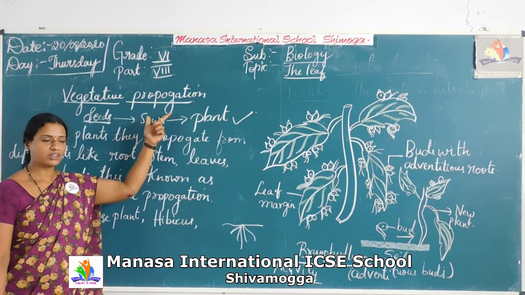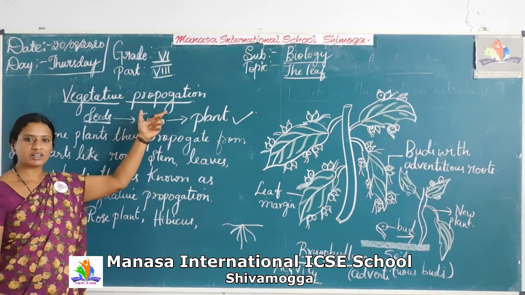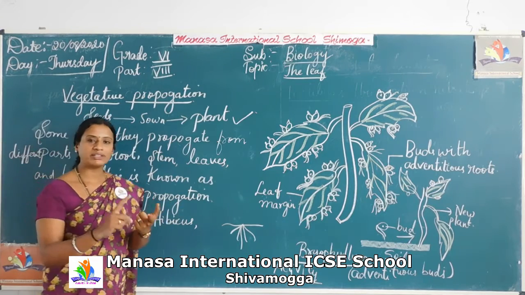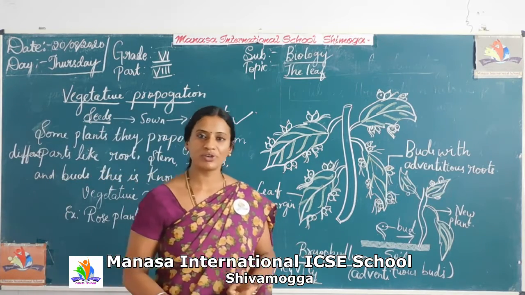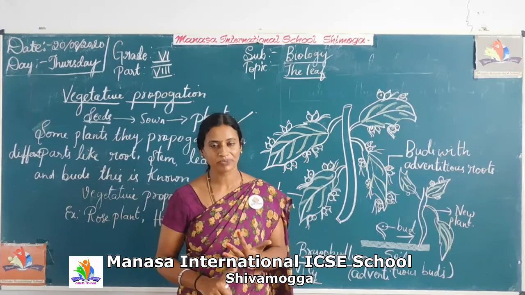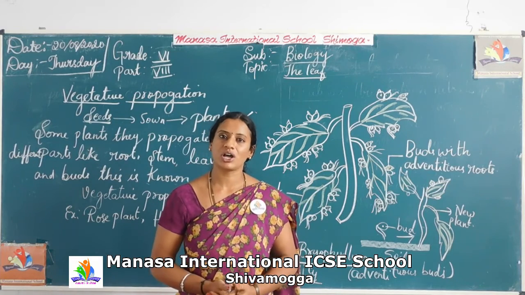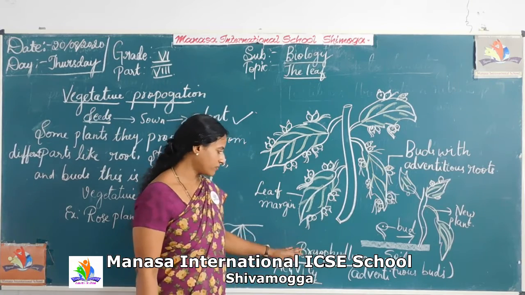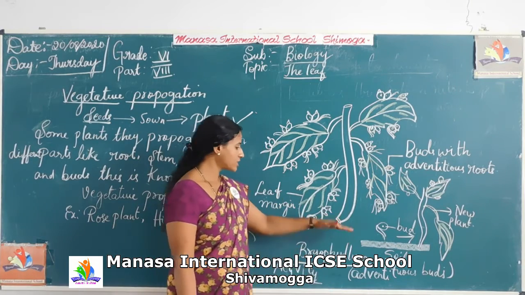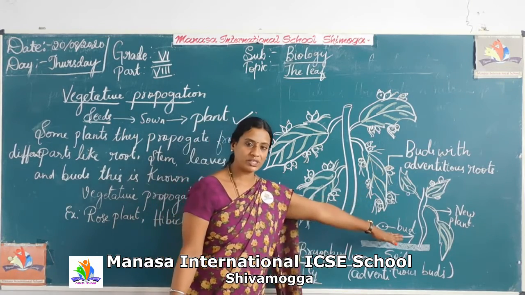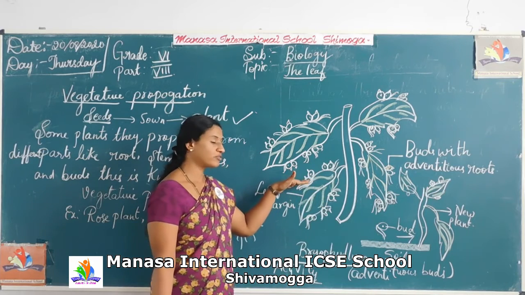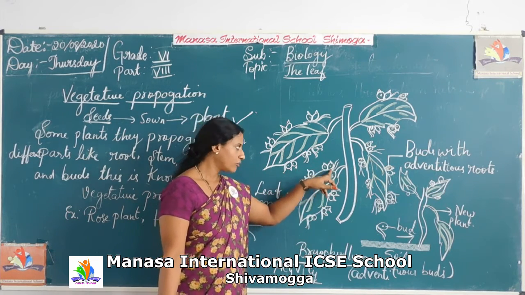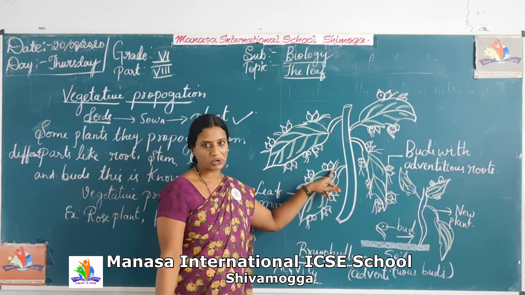Is it clear now? So what is vegetative propagation? Apart from seeds, new plants grow from different parts, it may be the stem, the leaf or leaflets, or buds. Such plants are known as vegetative propagating plants. An example we have taken is bryophyllum. This bryophyllum gives rise to a new plant with the help of the buds found on the leaf margin, and also because of the adventitious roots.